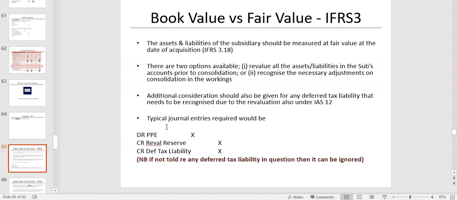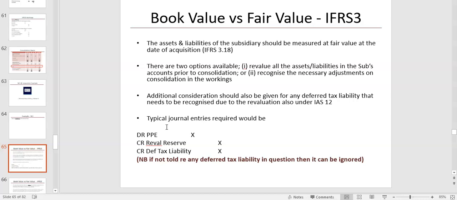So when you're bringing those subsidiary assets and liabilities into the group accounts at the date of acquisition, you may have what we call a fair value adjustment, which means you need to increase or decrease particular assets or liabilities, and that will impact your goodwill calculation. Because if your fair value of assets or liabilities goes up or down, your goodwill goes up or down as well.